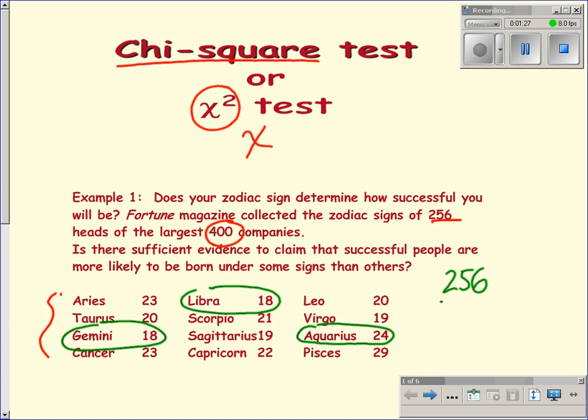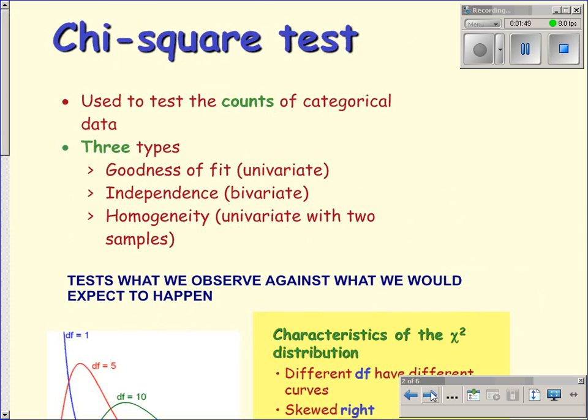Well, you could take 256 and simply divide it by 12, and you would see on average how many we should expect in each group. What we have, for example, under Aquarius, and what we would expect to get, is what we're going to measure, and it's what we're going to make a statistic of. So we'll come back to this problem again, but first some background about chi-squared tests and how they operate.